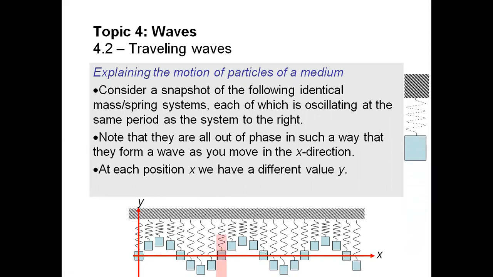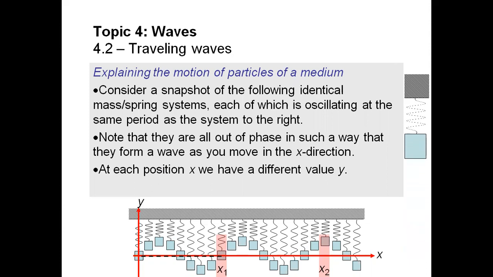For example, if we look at the particle at that position, we call that one x1. And if you look at any other particle, let's call this one x2. So they have different positions, x1 and x2. And for each x, we will have a different y.